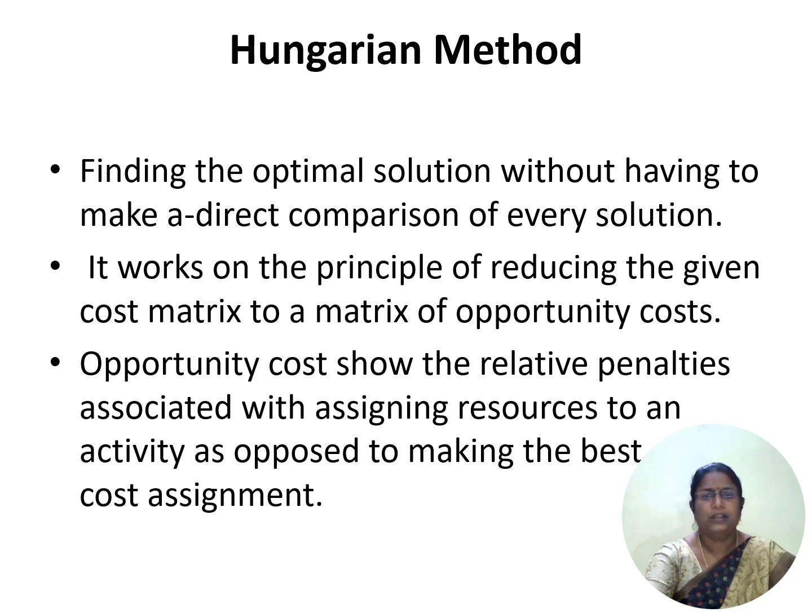Opportunity costs show the relative penalties associated with assigning resources to an activity as opposed to making the best or least cost assignment. If we can reduce the cost matrix to the extent of having at least one zero in each row and column, it will be possible to make an optimal assignment.